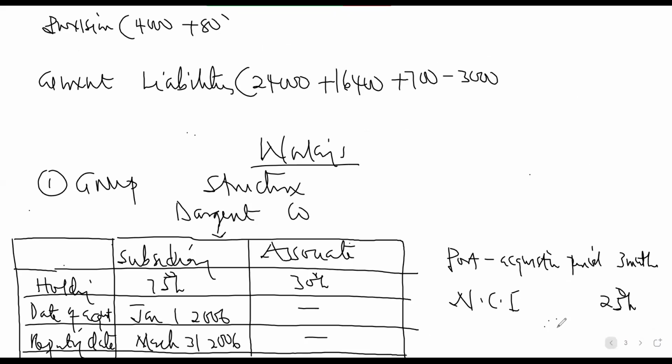So provision will now be 480. And your liabilities will be what? Current liabilities will be what?